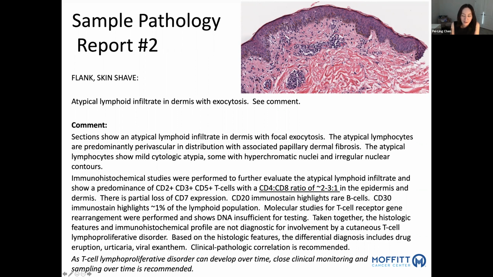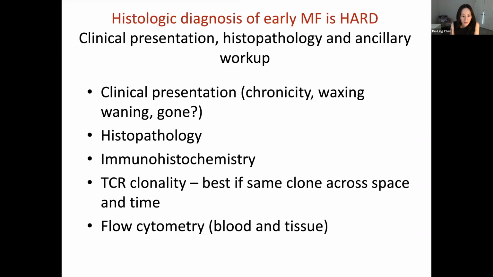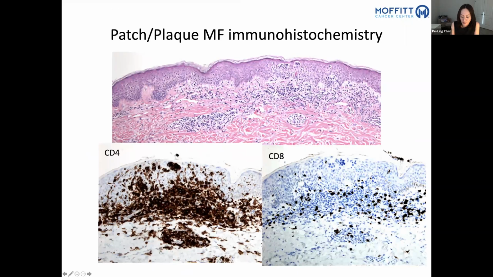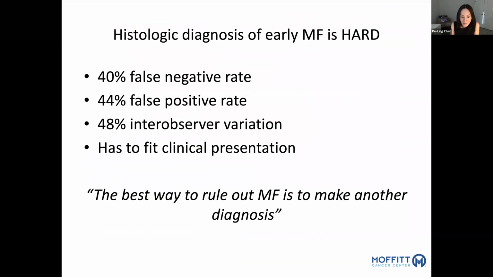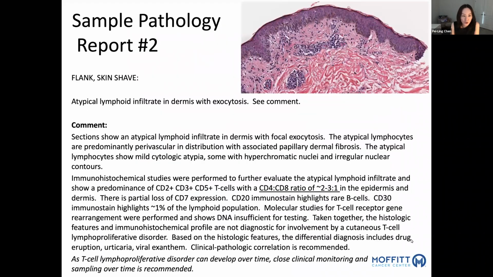And in this case, the CD4 to CD8 ratio is not so skewed. We see a ratio of approximately 2 to 3 to 1. As I mentioned previously, I do like to see a more striking 4 to 8 ratio as more fitting for mycosis fungoides CTCL. It doesn't mean that a lower ratio is not.